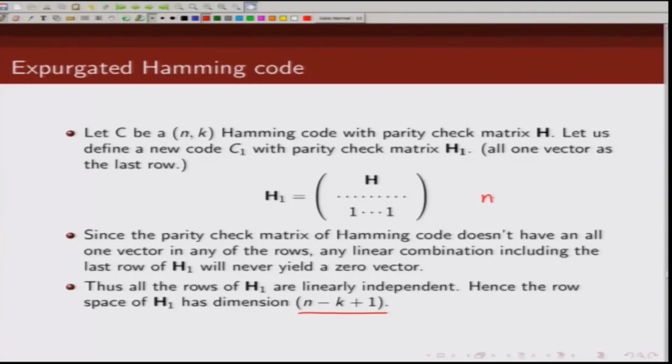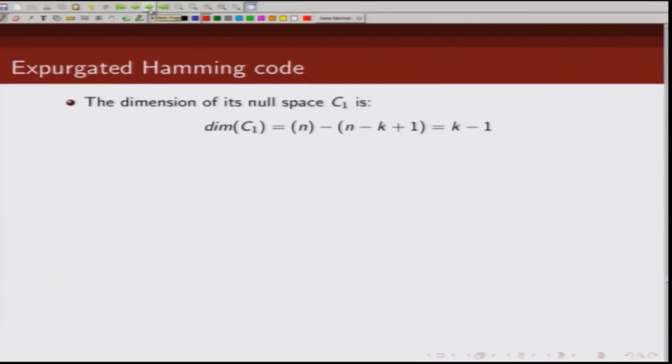So, the rank of this matrix is n minus k plus 1. Then what is the dimension of the null space of this, or what is the dimension of the code here? That is basically n minus the rank of the H1 matrix, so that becomes k minus 1.